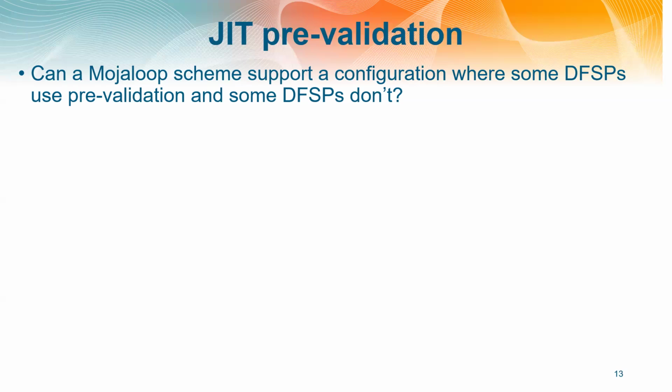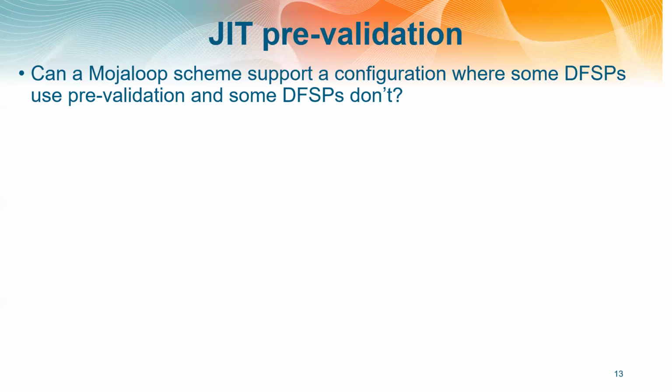But it can't support a configuration where essentially some DFSPs simply reject pre-validation requests because they don't understand them or don't support them. Now, that way madness lies, because participants will never know whether they should send pre-validation requests or not.